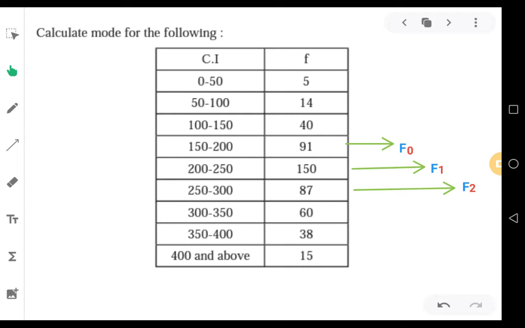It is given in exclusive type of class intervals, because the upper limit of the first class is equal to the lower limit of the next class. See, 50, 50, 100, 100, 150, 150, 200, 200. That means it is given in exclusive type of class intervals.